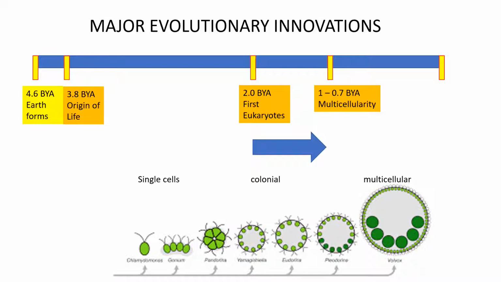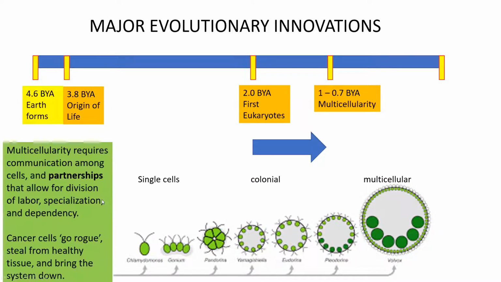Multicellularity allows for division of labor and cell specialization, but it also then creates dependencies. Your lungs are doing one thing. They can't get along without your circulatory system or your digestive system.